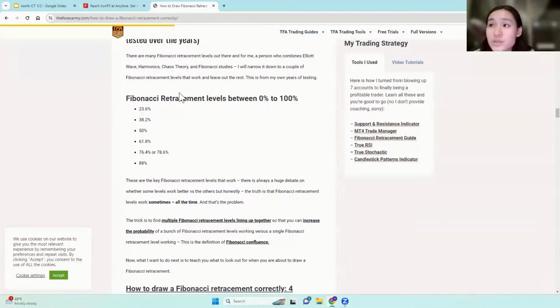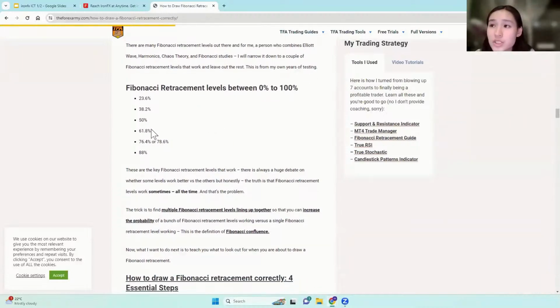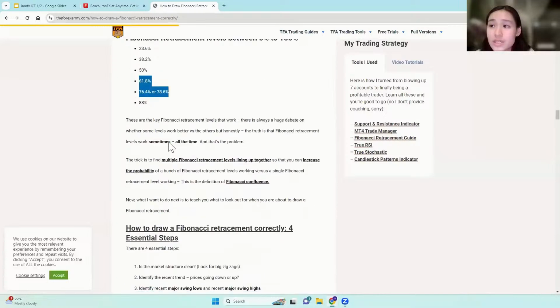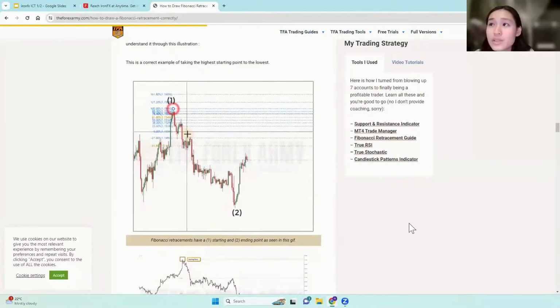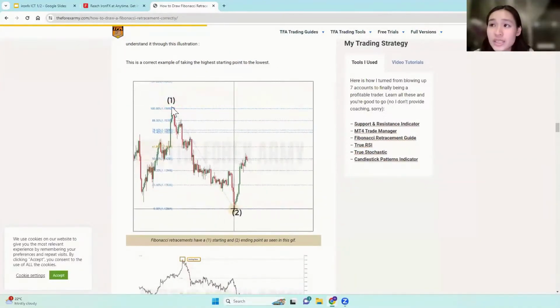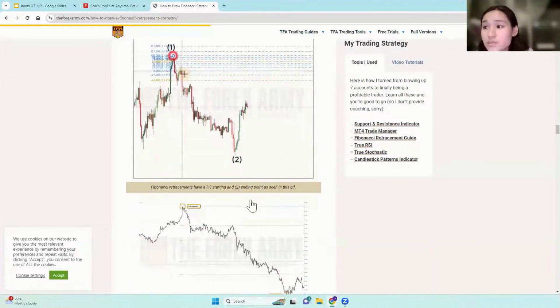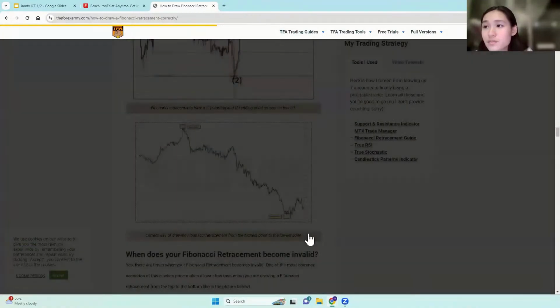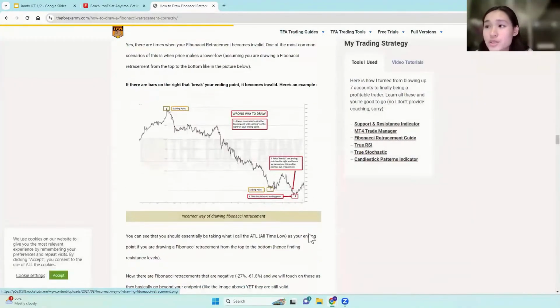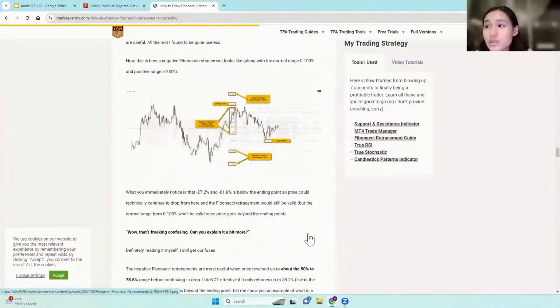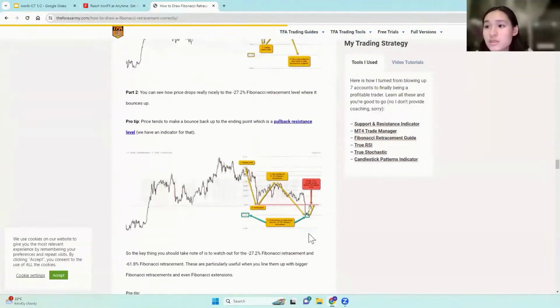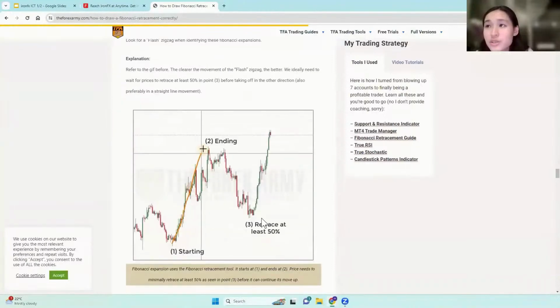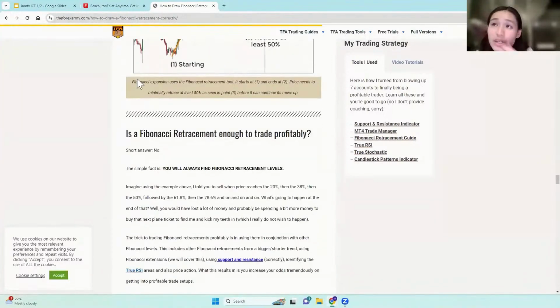Although we typically use these levels, you would just be looking at these two levels here. How that works is by looking at the highest starting point to the lowest. It shows you the invalidation as well. But you can just go ahead to this website and take a look.